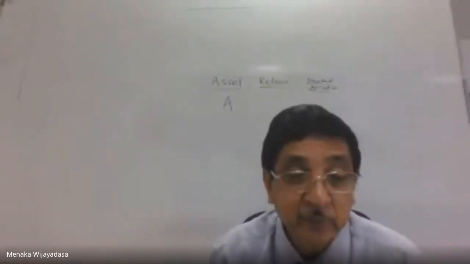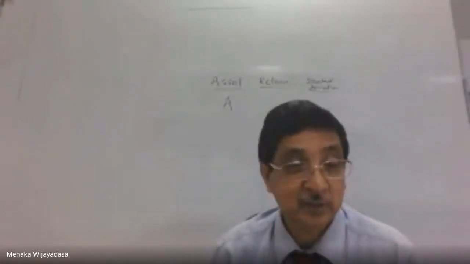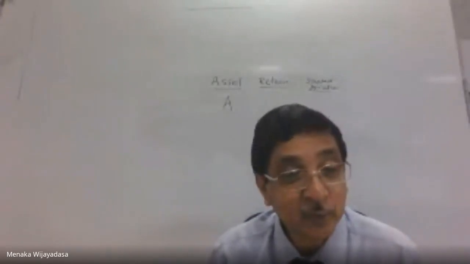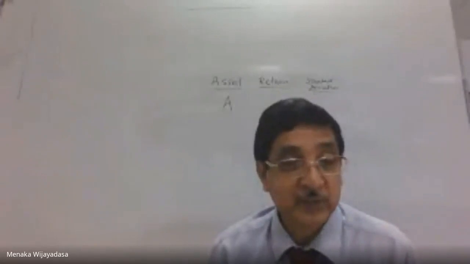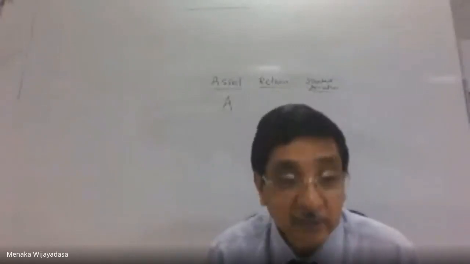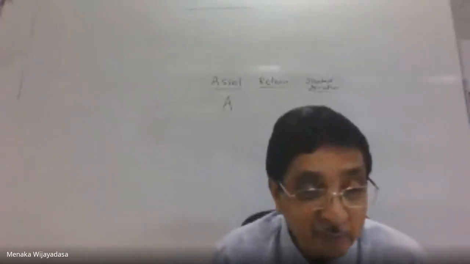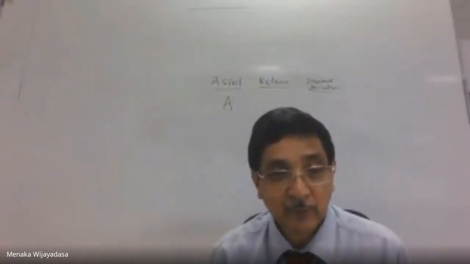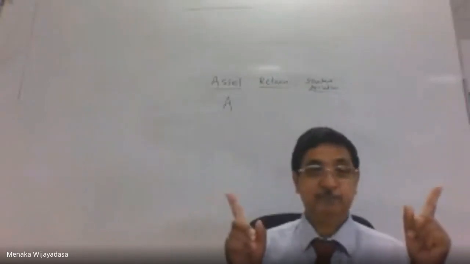We end up with an average. We don't call it expected return because we have not gone through the probabilities. We just got the historical figures and calculated it. Then we call it average. I think that is the difference.